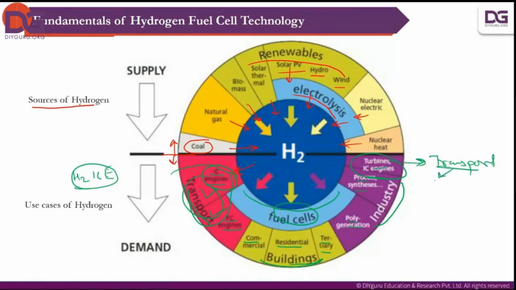In transport we use two types of technology: hydrogen IC engine or fuel cells. And in industries also, we can use it for turbines and IC engines.